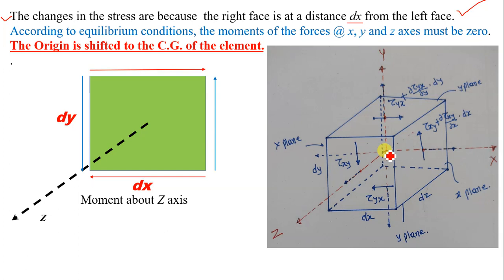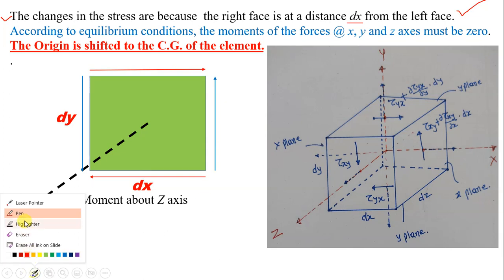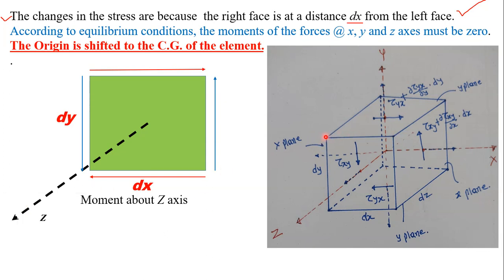Before that, let us consider the Z plane. Please follow the cursor. This is the Z plane. Why is this the Z plane? Because if you draw a normal to this plane, it will be parallel to the Z axis. Now we have shifted the origin to the CG of the element, and now this is the Z axis.